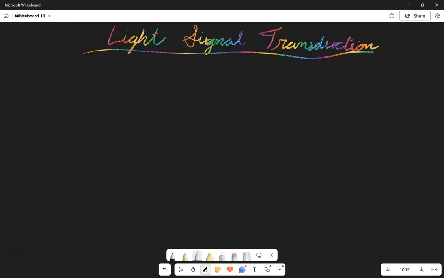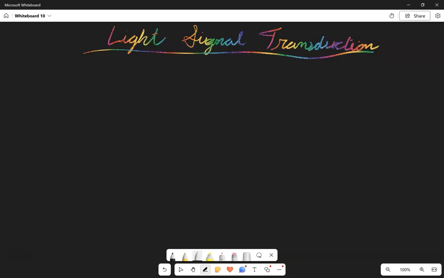So if you remember the retina anatomy, the rods and cones are connected to the bipolar cells, and the bipolar cells then are the ones that are going to communicate the signal into the optic nerve.